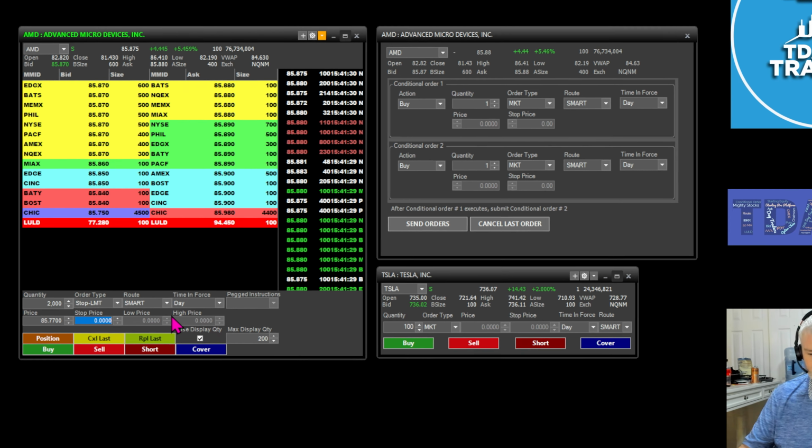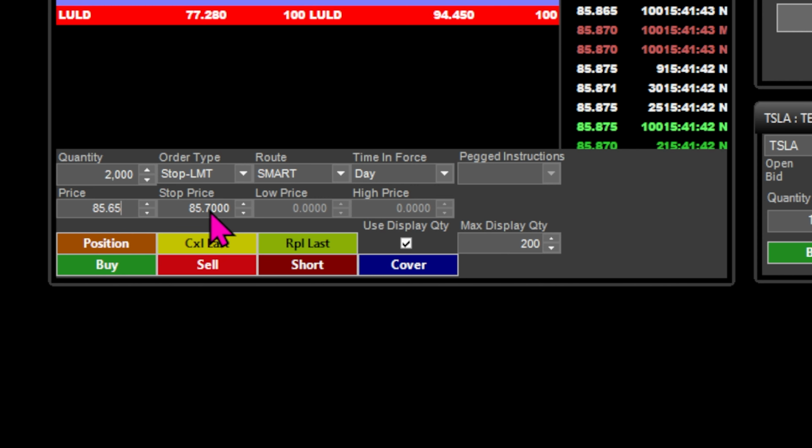As soon as the tape registers 85.70, the system is going to put out a limit order of 85.65 to sell. The risk with putting a stop limit order in place is that if there's a huge seller and so forth, it could totally skip. You might not get executed and still be in a position with the stock going downward.